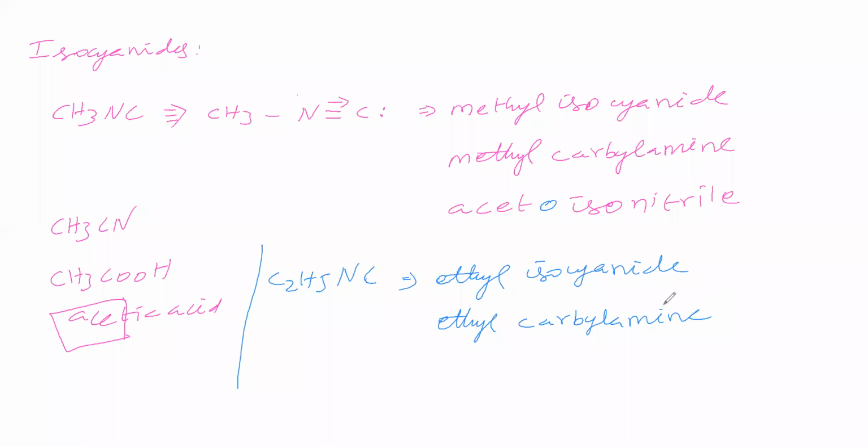Next, the corresponding carboxylic acid name is propionic acid. Then we will include isonitrile, and in between them write O. Propioisonitrile is the name.